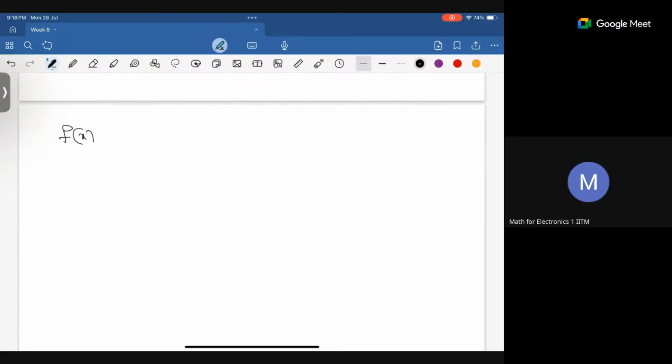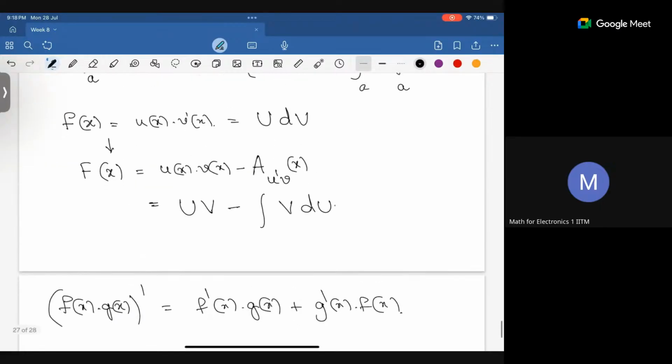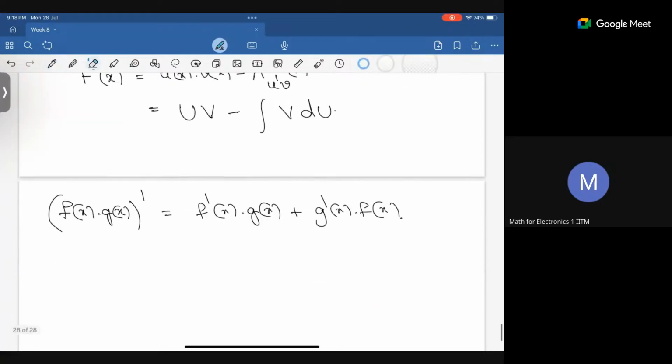We have f of x into g of x, and its derivative is f prime x g x plus g prime x f x. Let's use u and v, which will be much more clear. So u of x v of x, its derivative is u prime of x v of x plus v prime of x into u of x, correct?